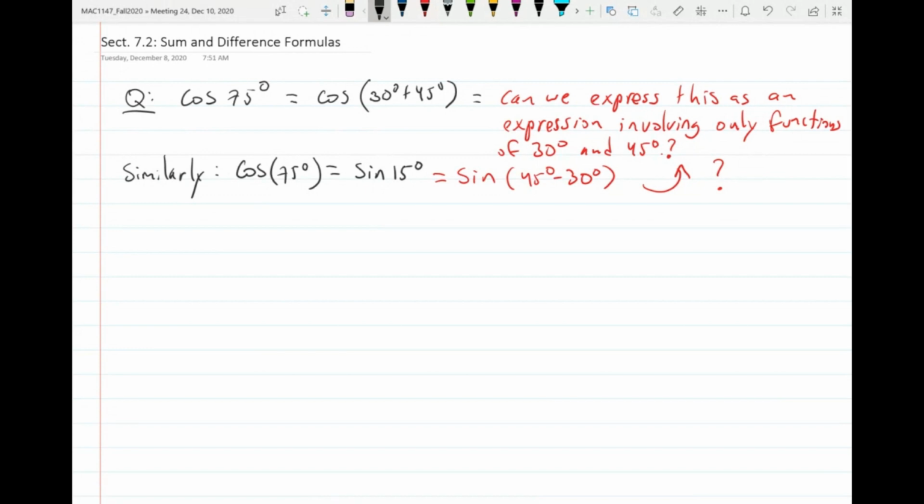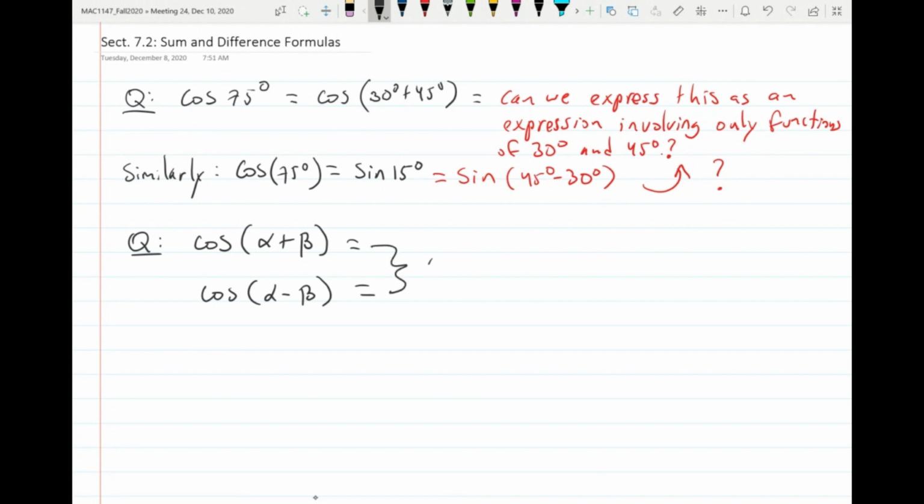So let us try to generalize this type of question. I just picked 75, but it doesn't have to be 75. So in general, the question that we try to answer is, if you have the cosine of the sum of two angles, let's call them alpha and beta, or cosine of the difference of two angles, alpha minus beta, can we say what this is equal to?